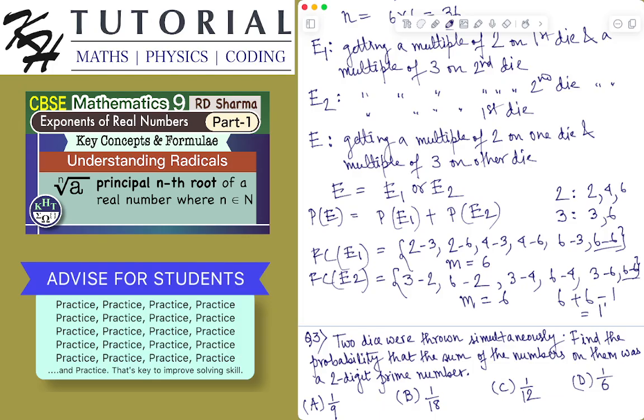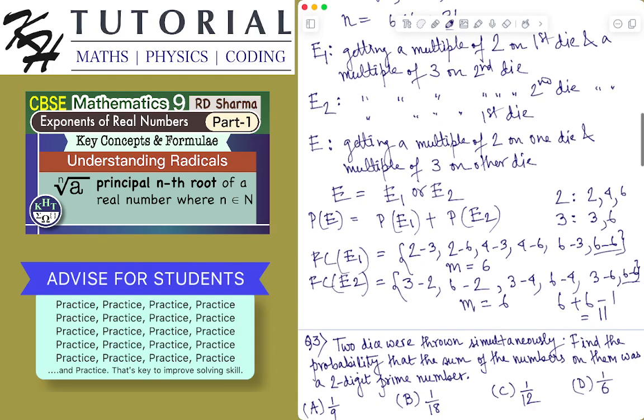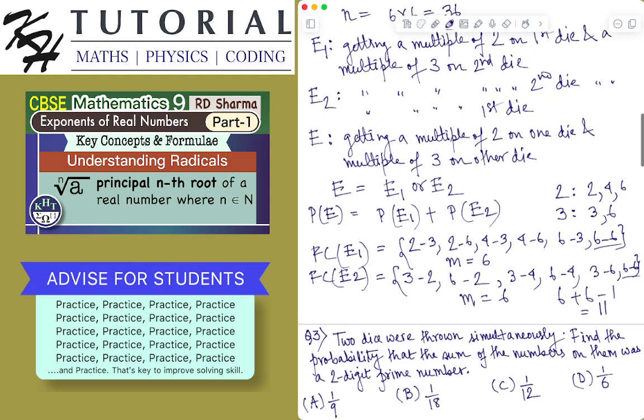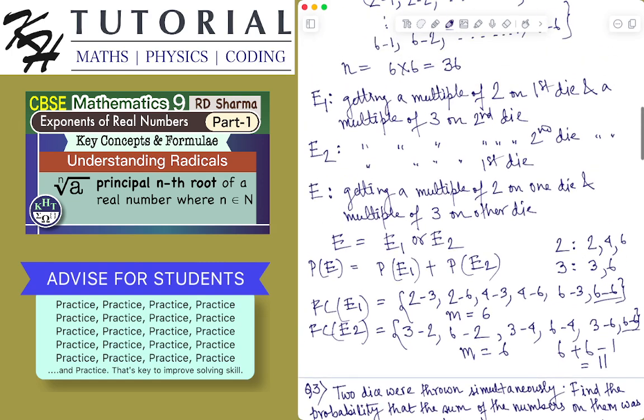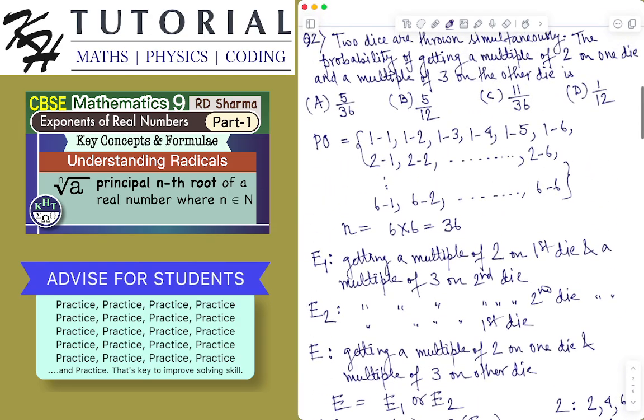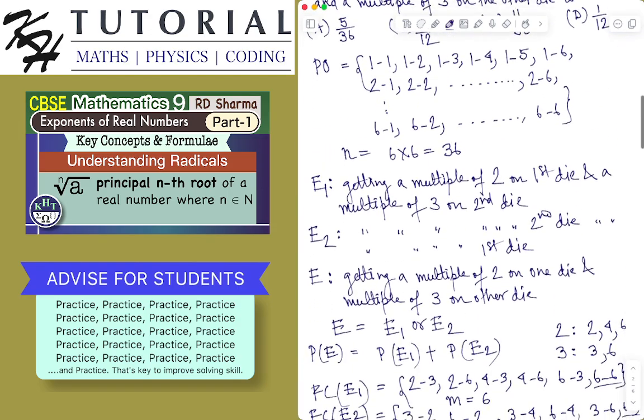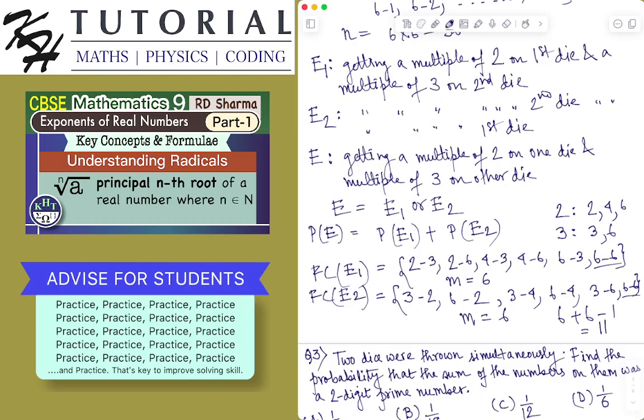This is 11. 11 is the number of favorable cases to the event of getting a multiple of 2 on one die and a multiple of 3 on the other die. So the probability of E will be 11 by 36.